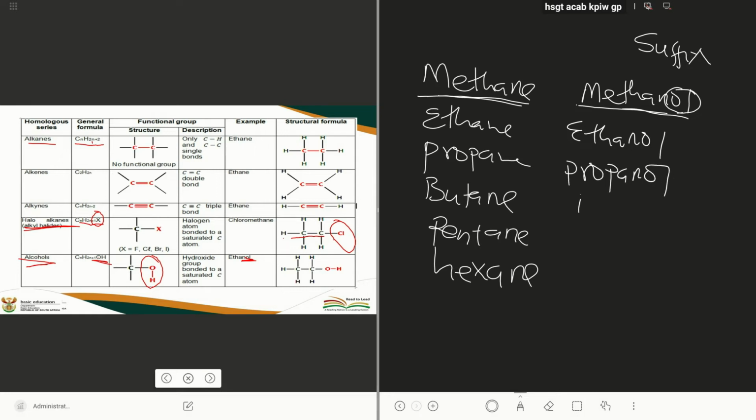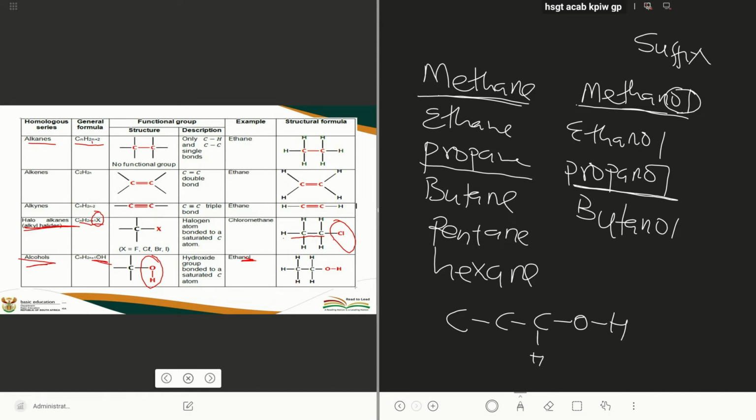propanol, butanol. However, as we did with alkanes, when you are having propanol, you have to indicate the position of the OH group, because propanol will be carbons 1, 2, 3, then you have the OH there. You have to indicate which carbon the alcohol is on, because the alcohol can be on carbon number 1, as we have here.